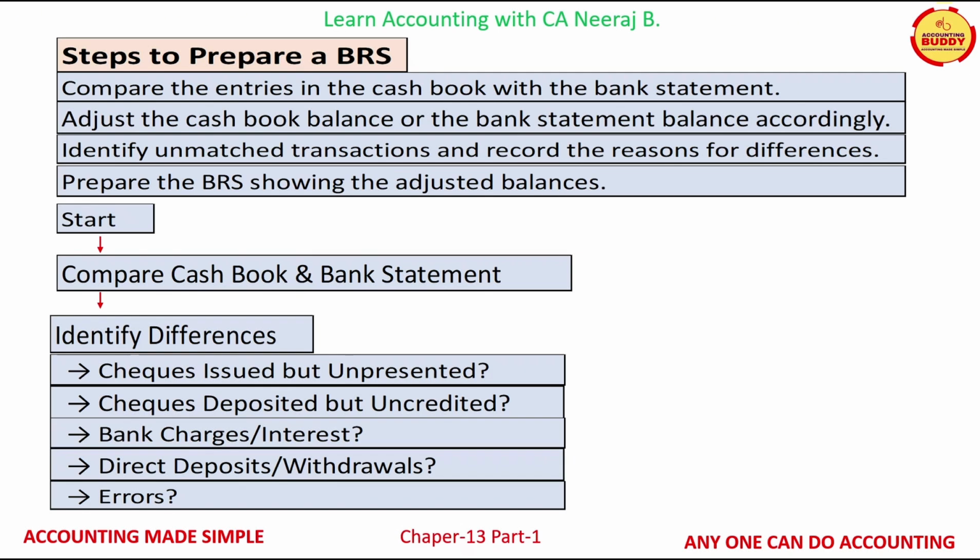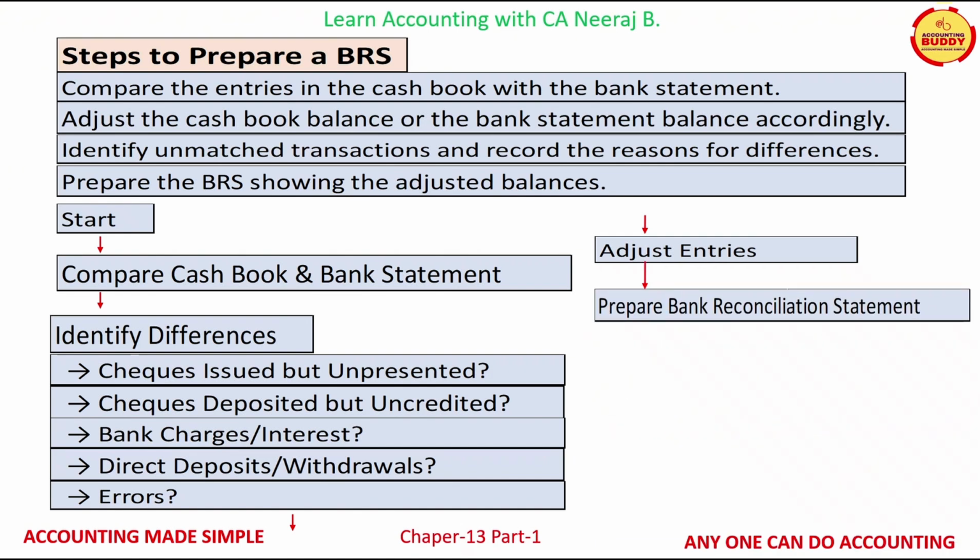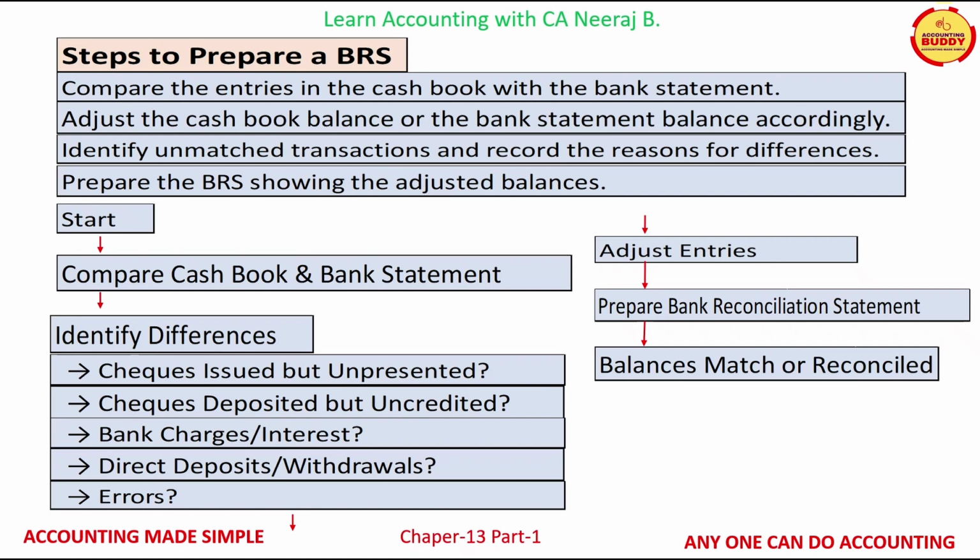Once all the reasons of differences are identified, all such transactions are adjusted and bank reconciliation statement is prepared. We start either with the balance as per cash book or the balance as per statement and keep on adjusting the transactions identified to match or complete the bank reconciliation process.